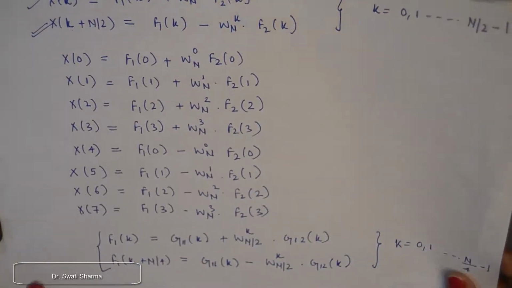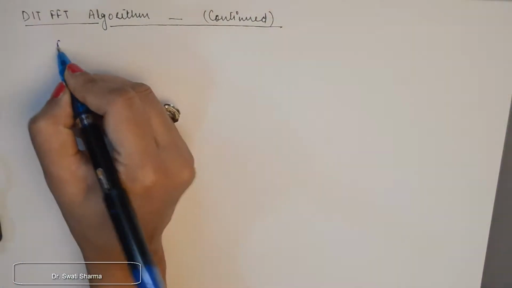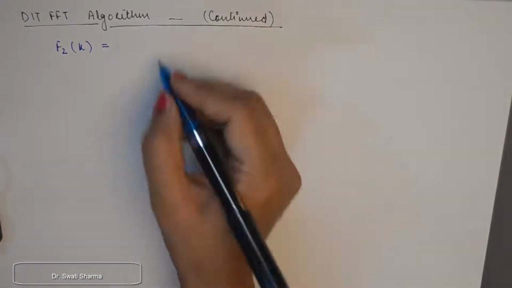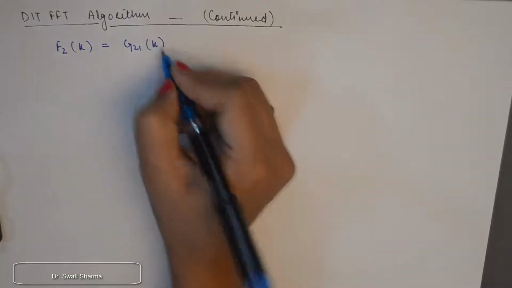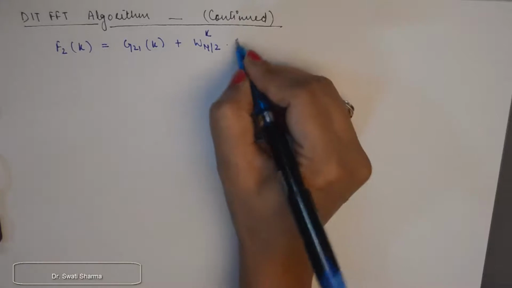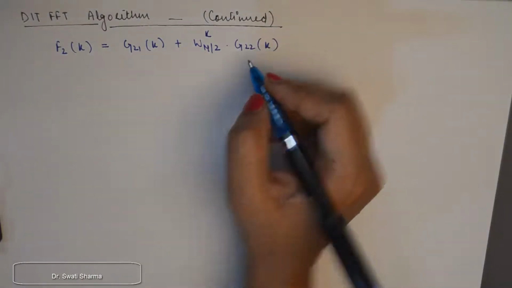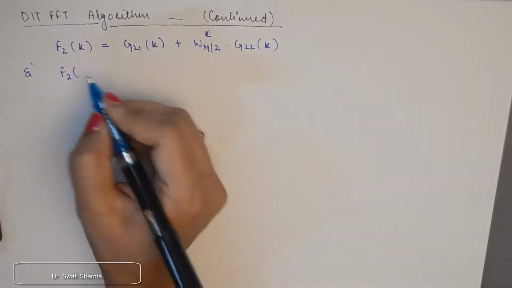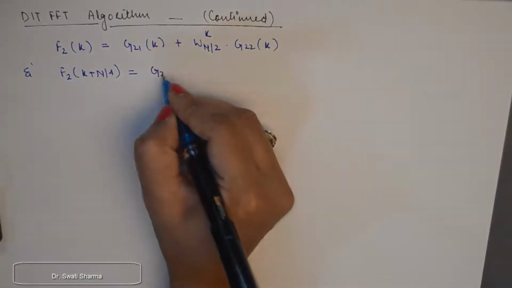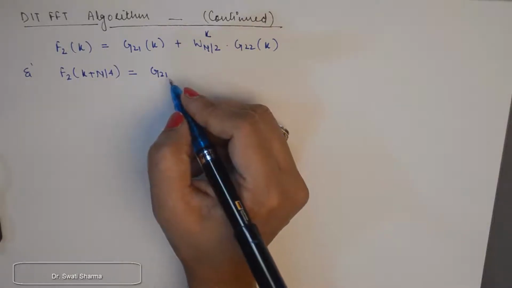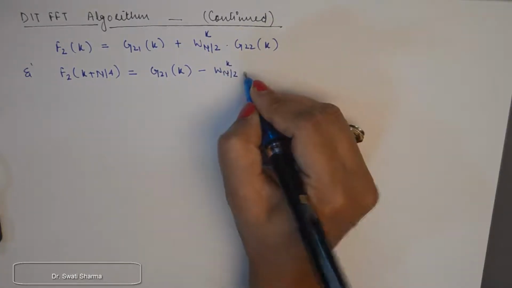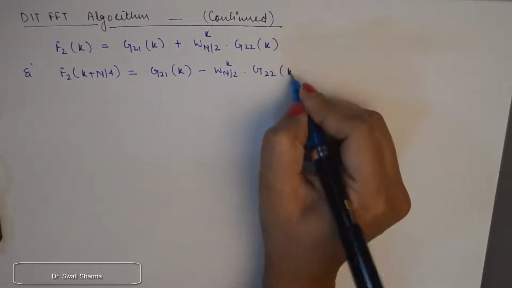So the other sequence f2 will be defined in a similar manner: f2 of k will be equal to g21 of k plus W_N by 2 to the k into g22 of k, and similarly f2 of k plus N by 4 becomes equal to g21 of k minus W_N by 2 to the k into g22 of k.